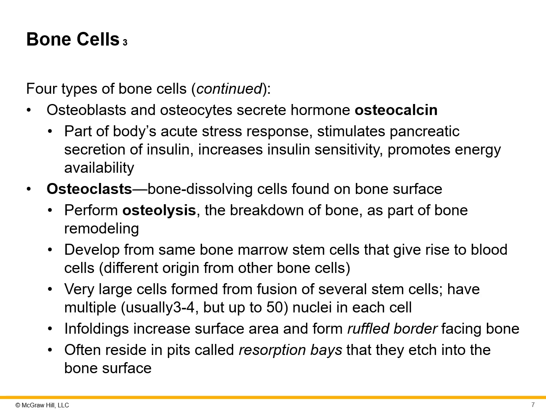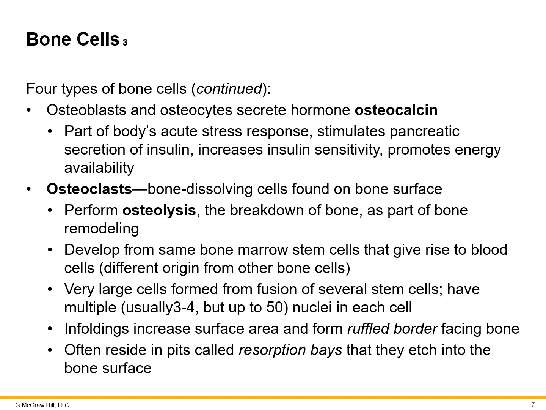So this is breaking down or dissolving of bone. And this is a part of normal bone remodeling. Your skeleton is replaced about every 7 years. So the osteoclast performing osteolysis and the osteoblasts doing osteogenesis is a normal part of bone development.